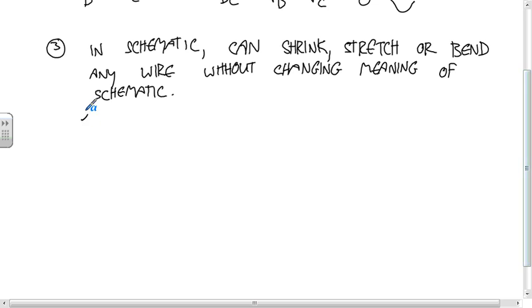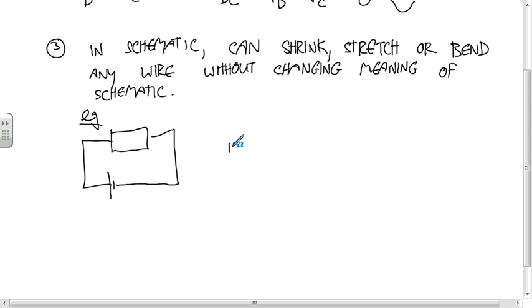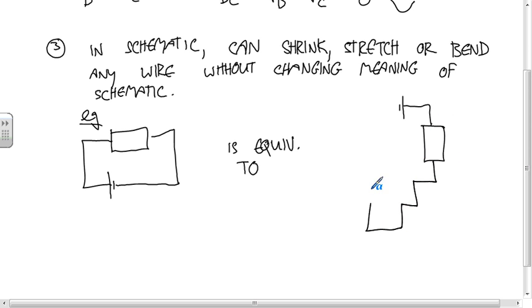So for example, this schematic, the one I just drew before, is equivalent to this, okay?